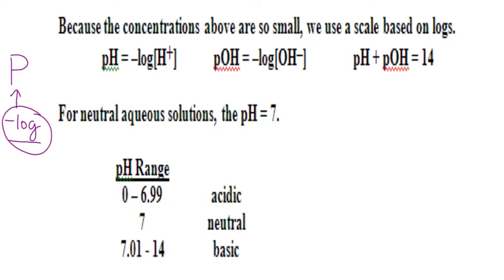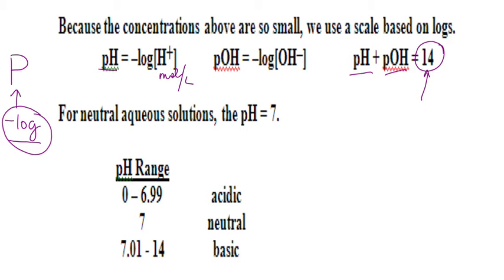All right? So if I want to find pH, I take the negative log of the H+ concentration in moles per liter. If I want to find pOH, I take the negative log of the OH- concentration. And then, because of the connection here, where did that 14 come from, do you think?